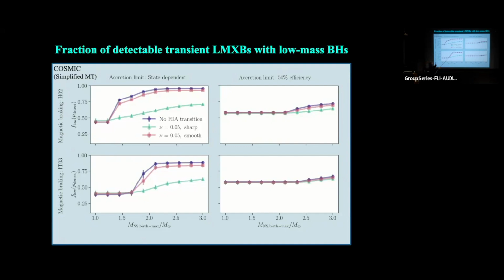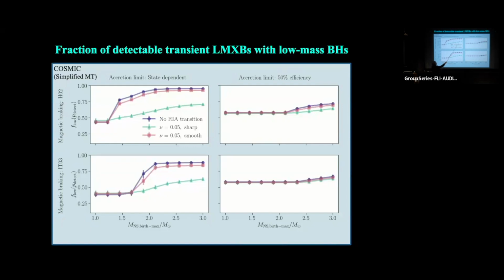And with all the things we change, this is how we treat the shape of the outbursts, etc. What we were getting was anywhere, if you start with very low mass birth neutron stars, unrealistic, you get almost 50% or almost 100%.